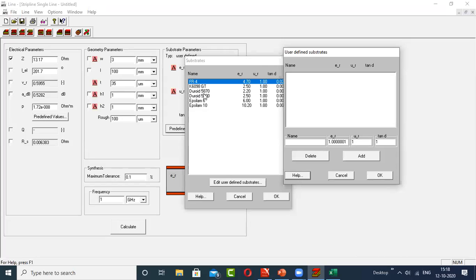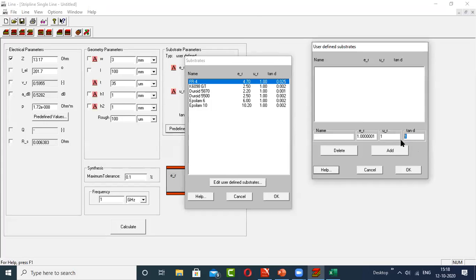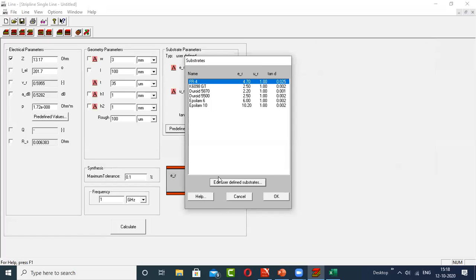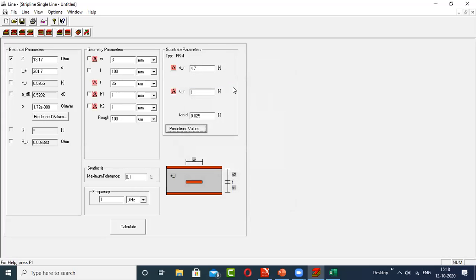Here all the materials are not magnetic in nature, so mu R should be kept 1. And tan D, the loss tangent, can be varied. The loss tangent for FR4 is 0.002. We'll see it later on. First, I have chosen FR4, so epsilon R is 4.7, mu R is 1, and tan D is given here as 0.025. We'll take it as it is. Later on, if you want to modify it, you can.